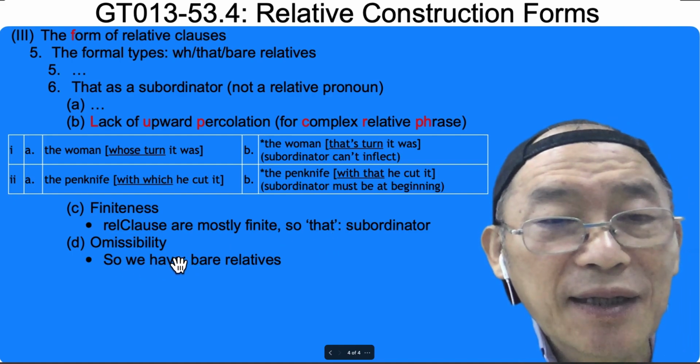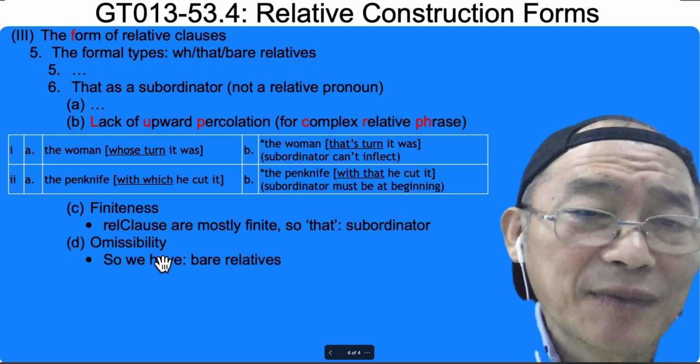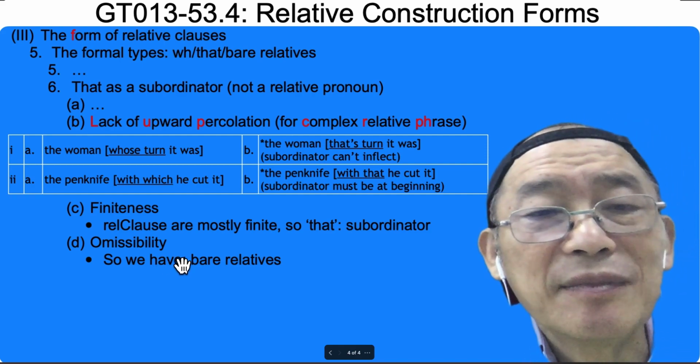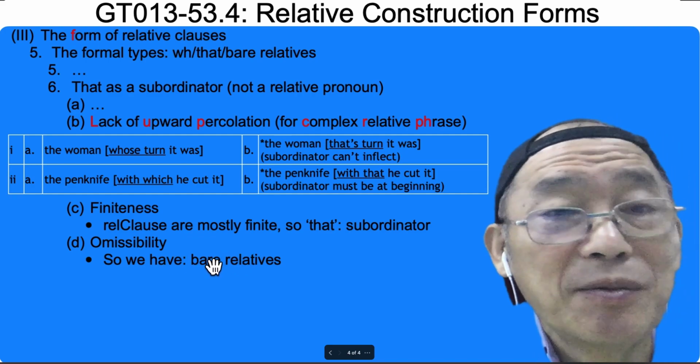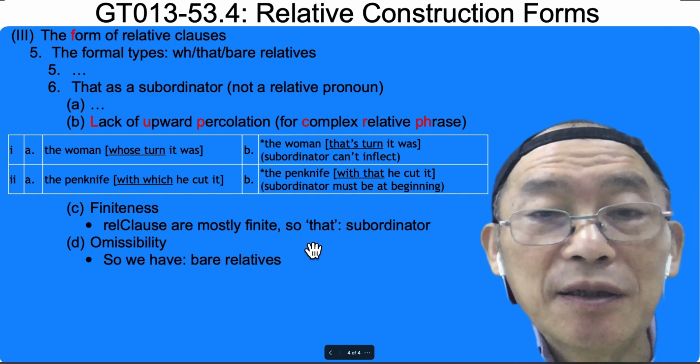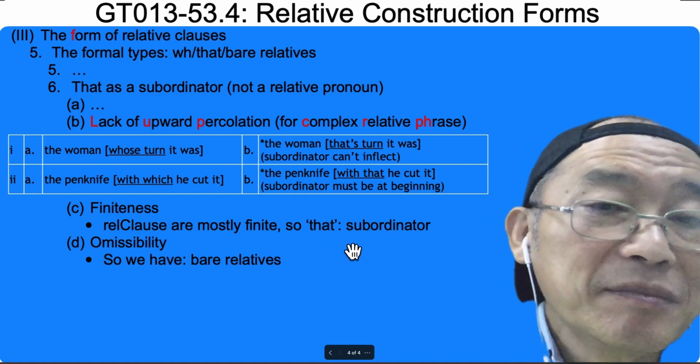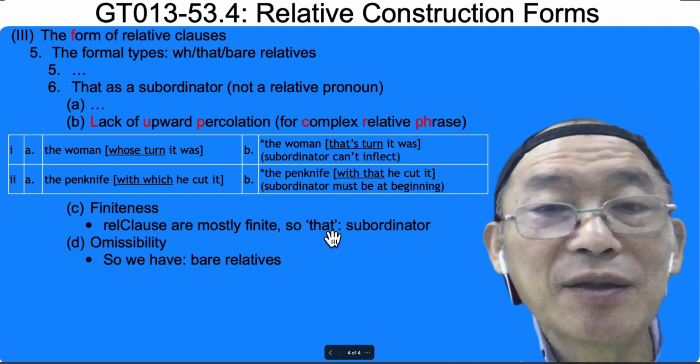We can omit it, so it's omissible. It's a subordinator, not a relative word.